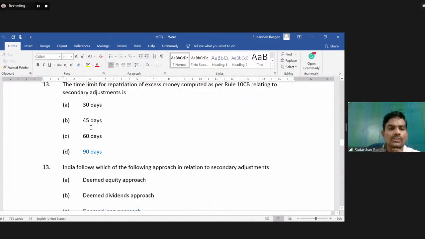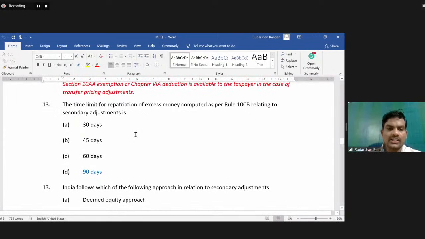Now, we move on to 13th. This is something we discussed last session on secondary adjustment. If you recollect, the primary adjustment is the initial adjustment which the transfer pricing officer will undertake based on benchmarking and based on arm's length pricing. And then we looked into the secondary adjustment. So under secondary adjustment, whatever the primary adjustment is, that money, it's basically trying to close the loop.